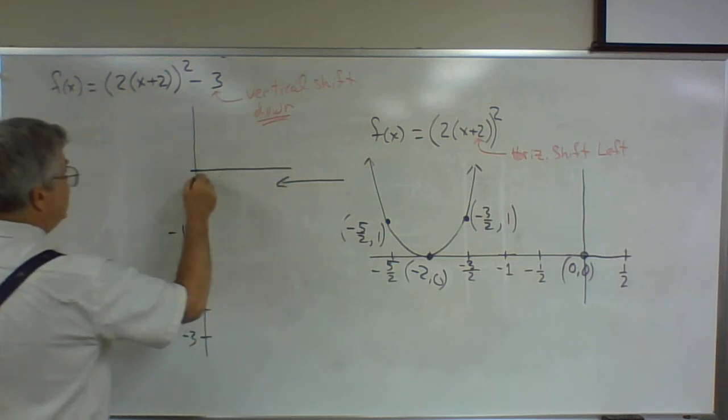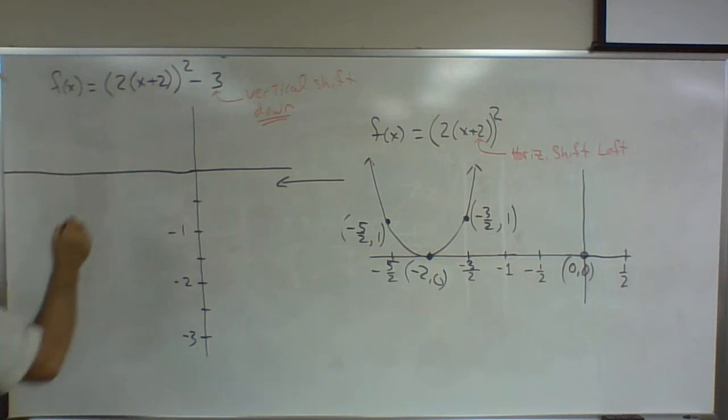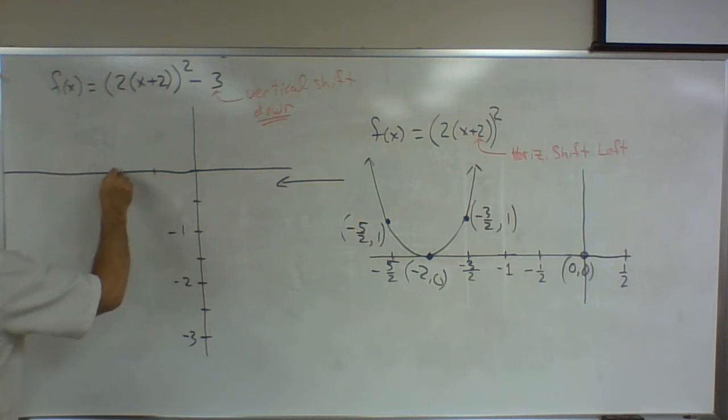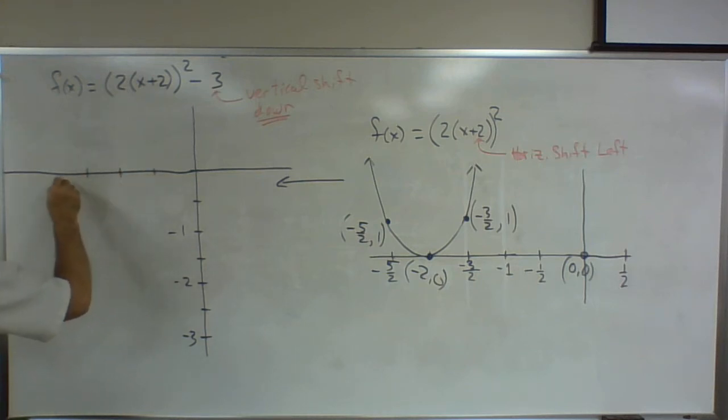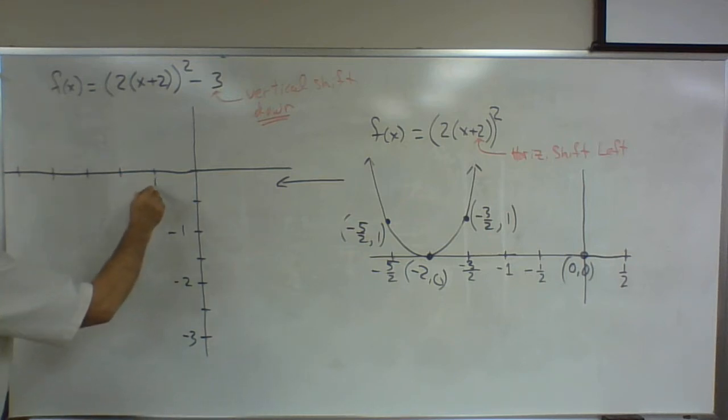Okay, here's my origin. Son of a gun. And I'm going to go 1/2, -1, -3/2, -2, -5/2. And I'm going to run out of blackboard, but hey, what can I do?